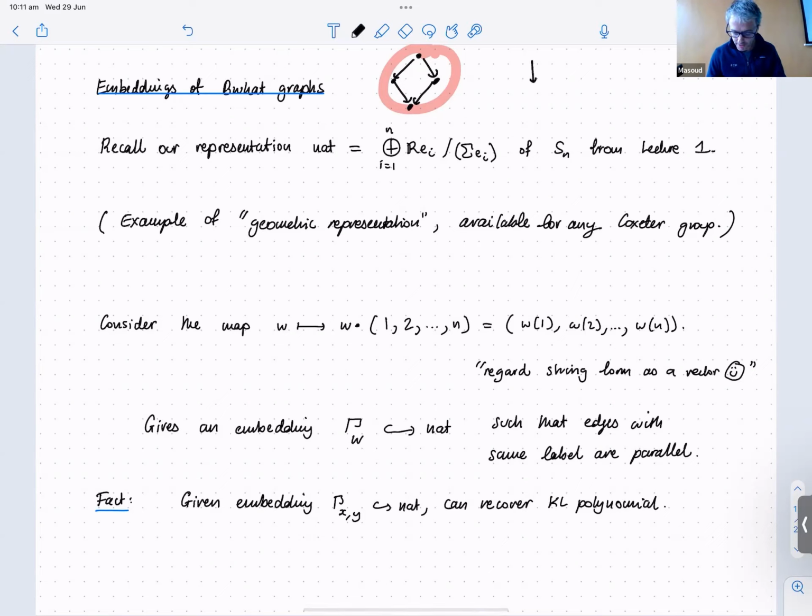It might be embedded in this way, or it might be embedded as a square or a rectangle, or it might be embedded something like this.